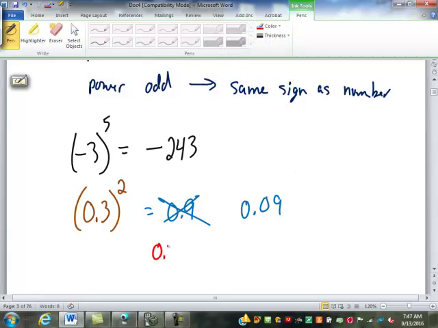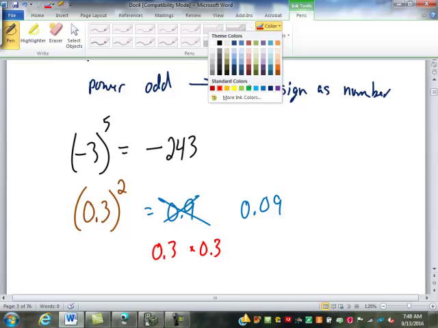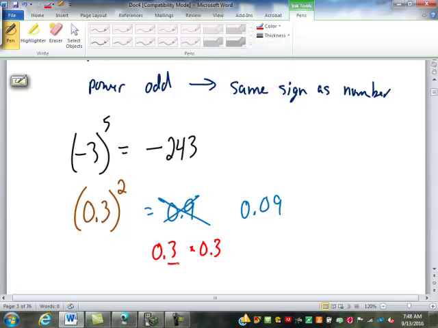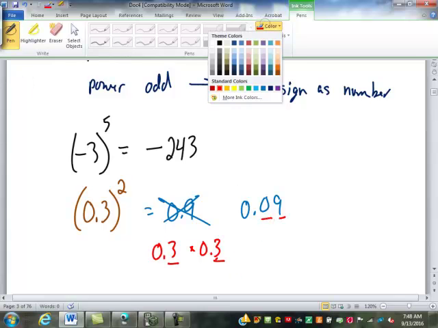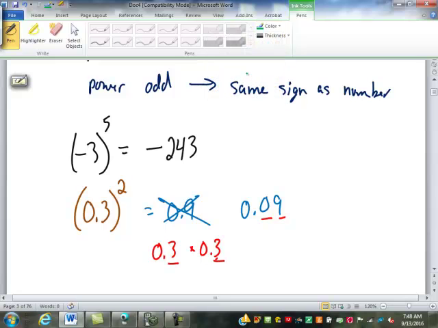Because remember, we have 0.3 times 0.3. 3 times 3 is 9, but we have 1 decimal place in each factor, so we have to have 2 decimal places in the answer. When we multiply numbers, we combine counts, but we also combine the names. Tenths times tenths has to give us hundredths.